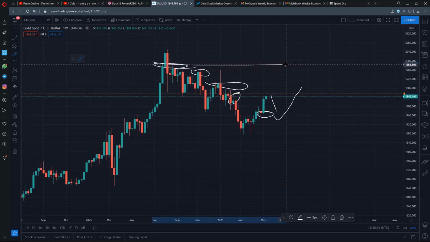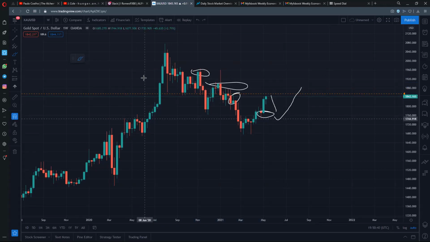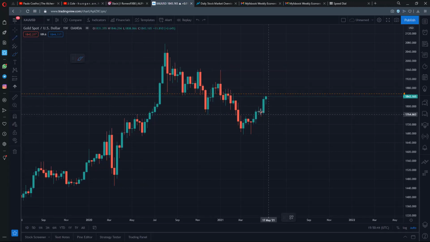We might not get all the way up to these points, but the whole idea is we're looking for this kind of roadmap whereby we have this area here. We also have this. We have those two areas here.